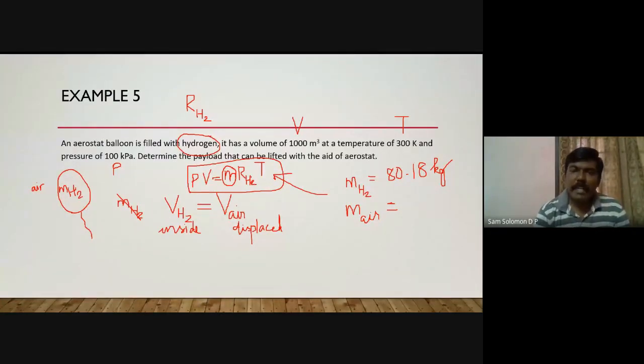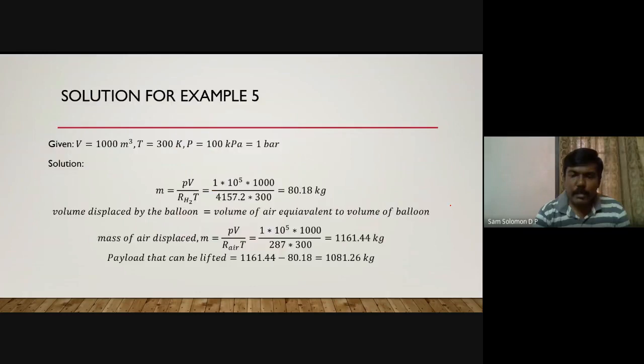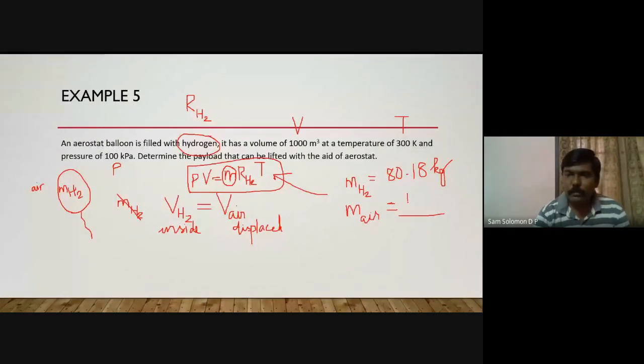If you replace hydrogen with air, you will get some value here, and that value is 1161.44.